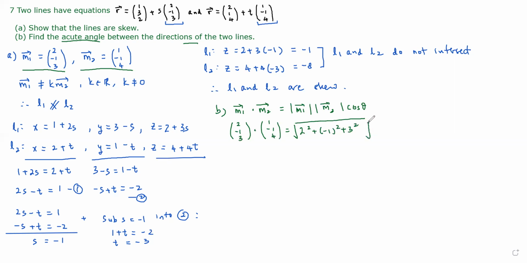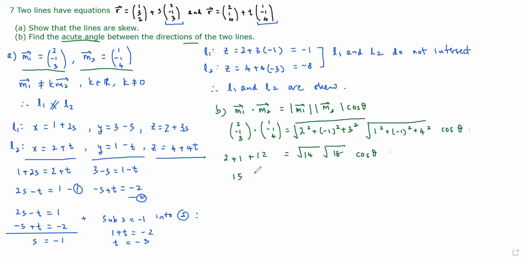And the magnitude of the direction vector of line 2 is the square root of 1 squared plus negative 1 squared plus 4 squared, times cosine theta. The dot product over here is 2 plus 1 plus 12, and this is 15. The magnitudes give square root of 14 times square root of 18, times cosine theta.